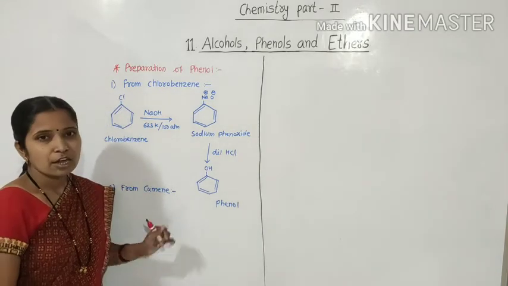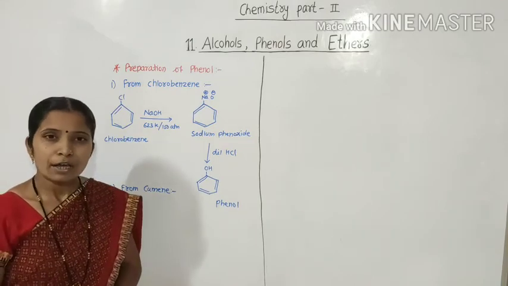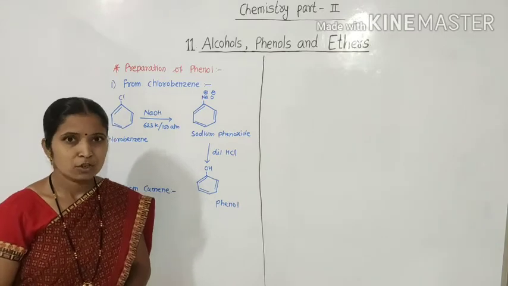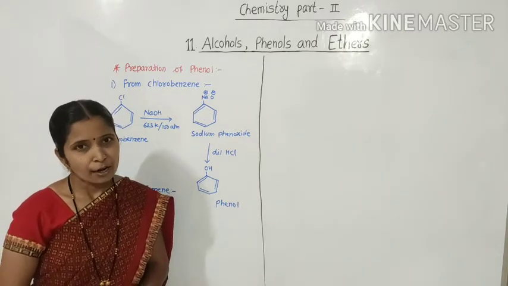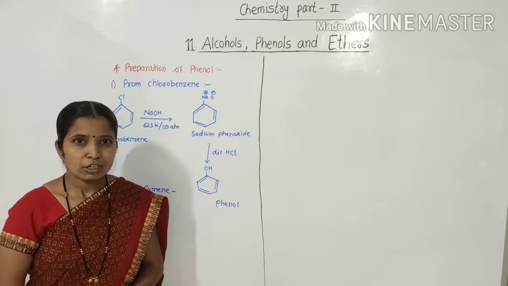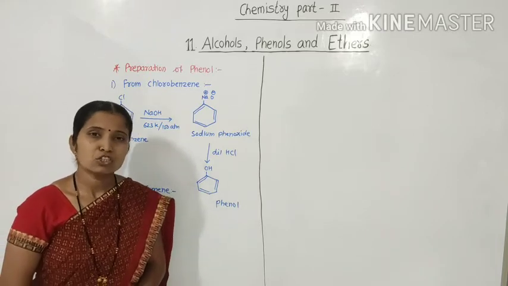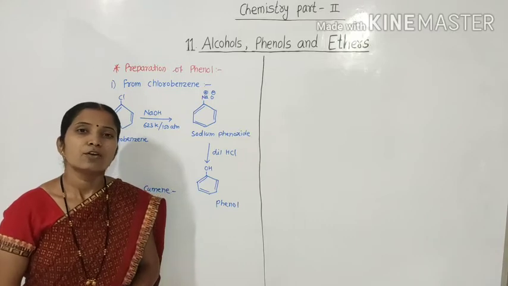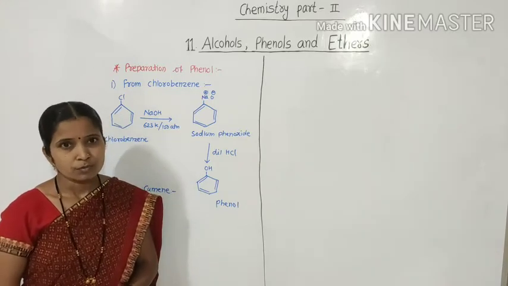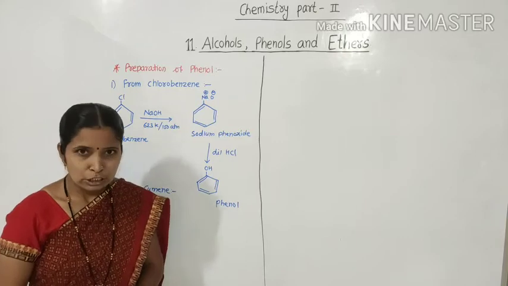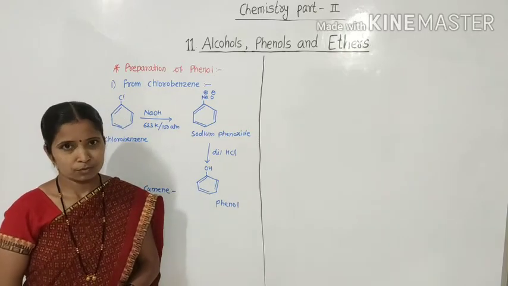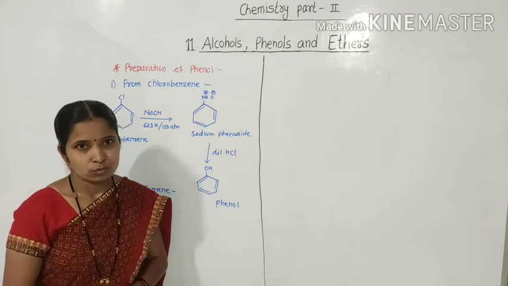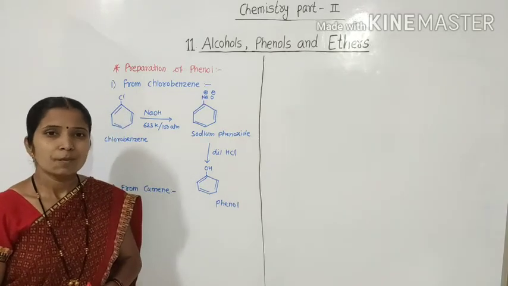In this reaction, cumene on air oxidation in presence of cobalt naphthenate forms cumene hydroperoxide, which on further decomposition with dilute HCl forms phenol and acetone as a valuable product.